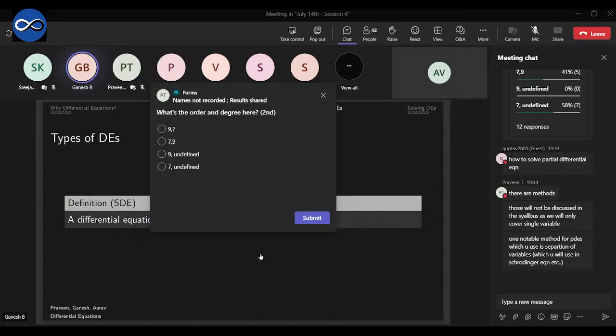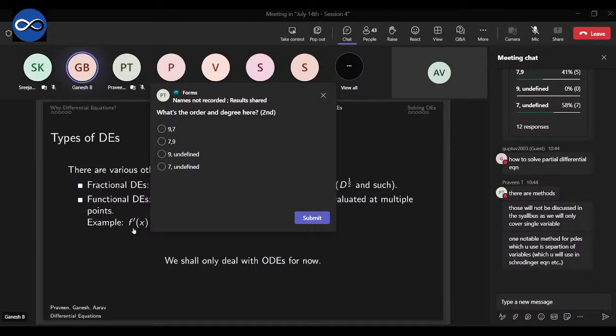And a stochastic differential equation involves something called stochastic derivatives. It's very useful in finance. There are a lot of models you can use stochastic derivatives with, and it's something which is more volatile. I would suggest you search a bit more about this after the session. It's very interesting.